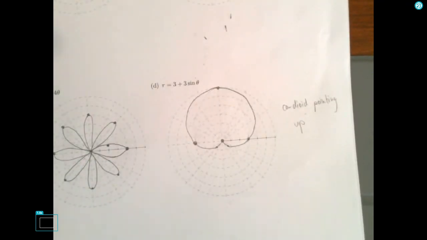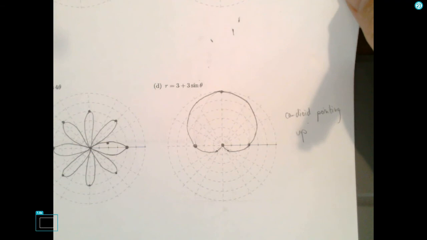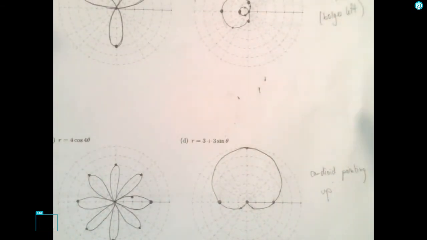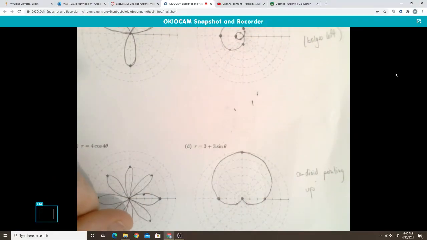Yeah, that looks a little nicer. Okay, that's that one. And again, you can check all of this in Desmos, right? But I'm pretty confident that what we've done is correct. So that's all I have to say about that.